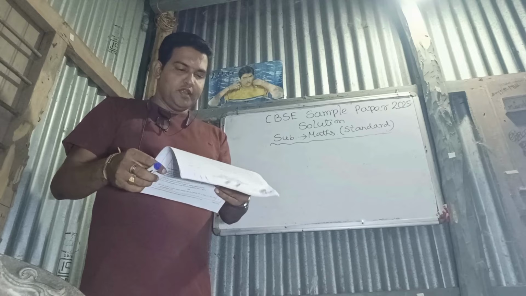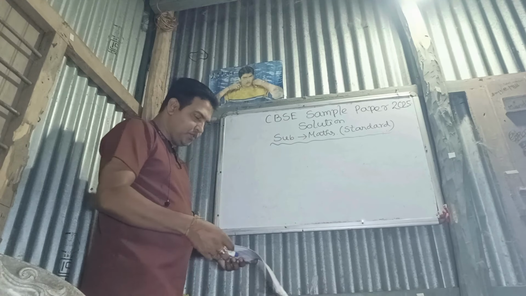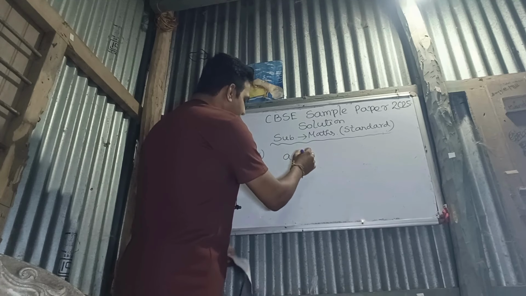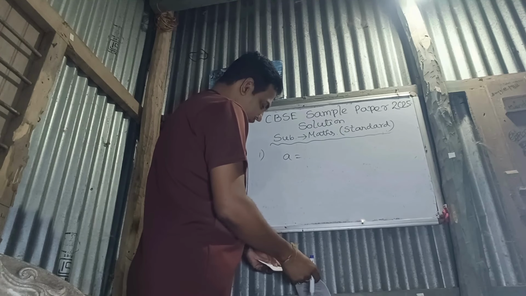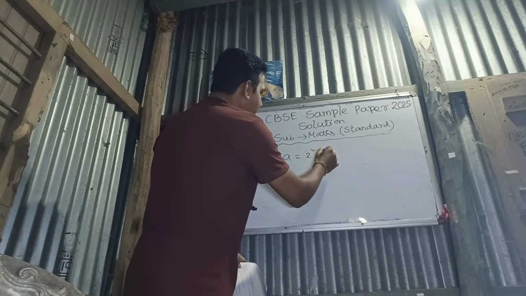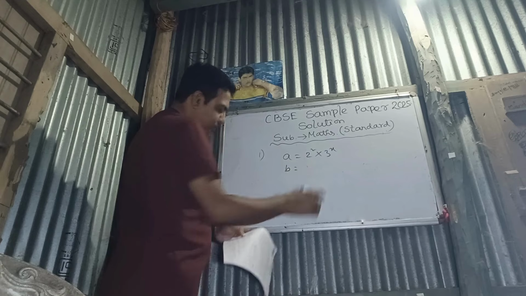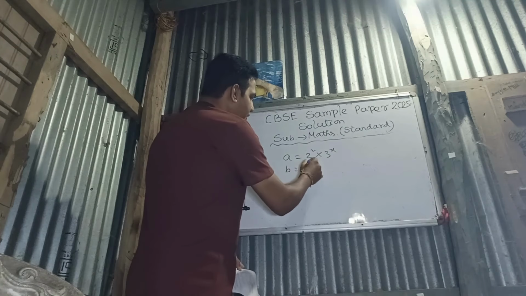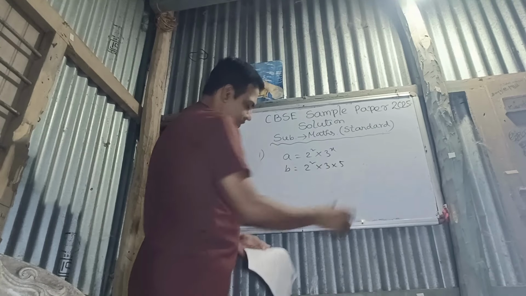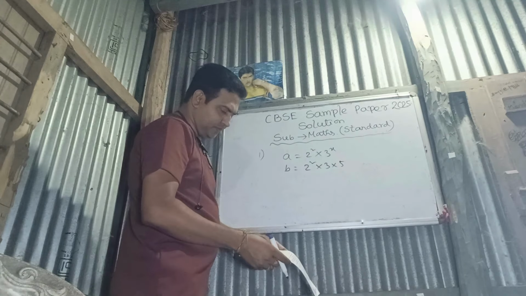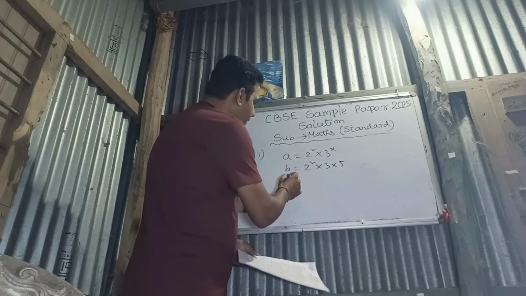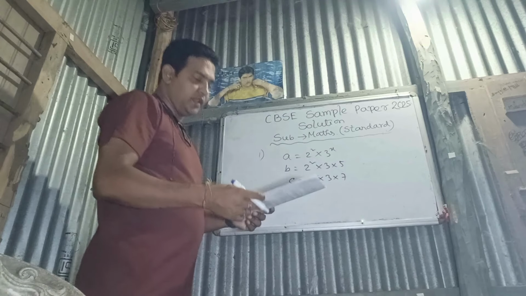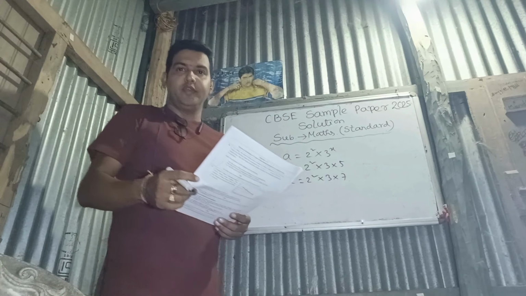It says, if A is equal to 2 square into 3 to the power x, B is equal to 2 square into 3 into 5, and C is equal to 2 square into 3 into 7, and the LCM of A, B, C is also given.